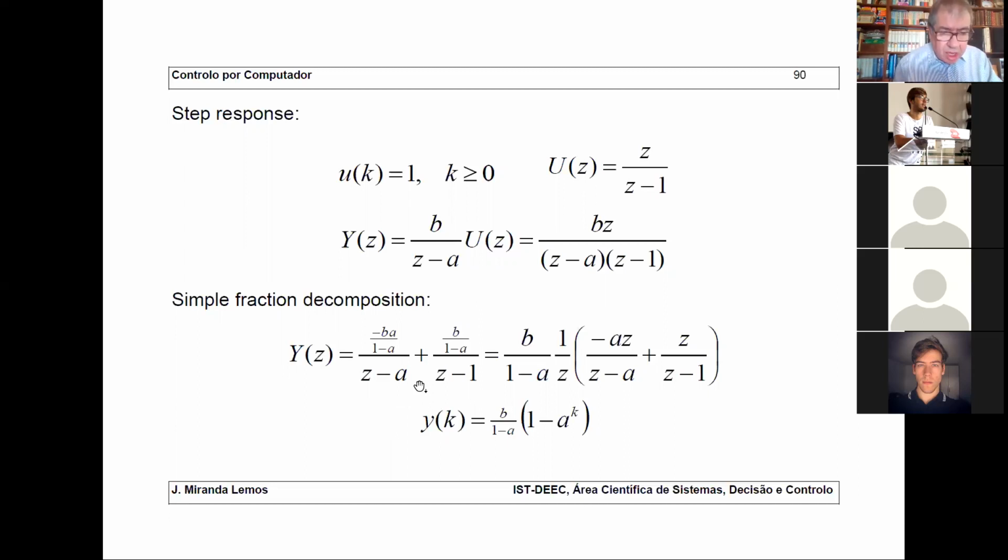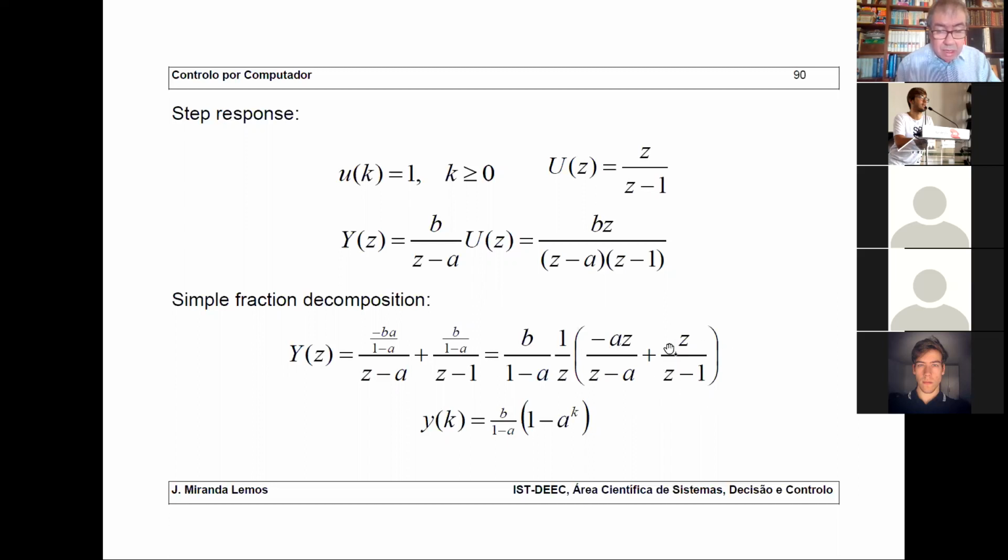Now you can write this in this other formula. You recognize that z divided by z minus 1 is 1. And this term here divided by z, you have the division by z. The division by z is a delay. So it does not affect this term because this is always 1.